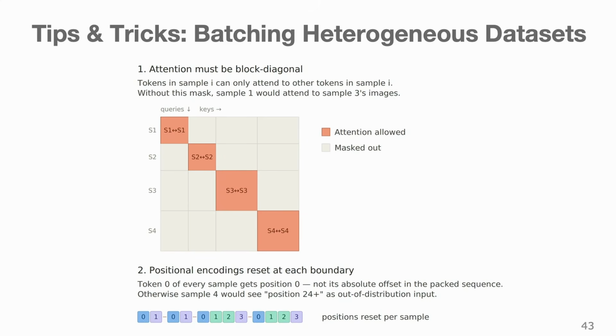So you have to be very careful about which tokens are allowed to attend to which tokens. The tokens in each sample should only attend to their own tokens, right? And then be careful to reset your positional encodings at every sample boundary so you don't keep growing the length of this.